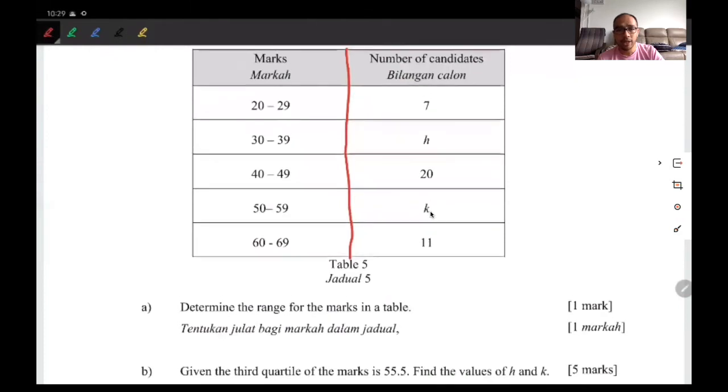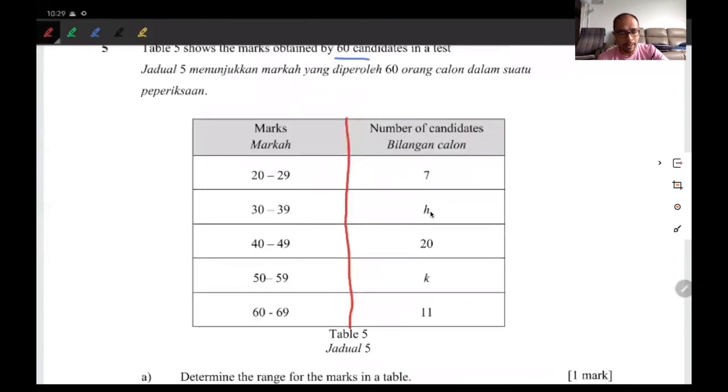So the range, most people will see, oh, the smallest is 20, the biggest is 69. So the range is 69 minus 20. Wrong. Whenever you have things like this, you need to find the midpoint. The range is the difference between the lowest midpoint and the highest midpoint.